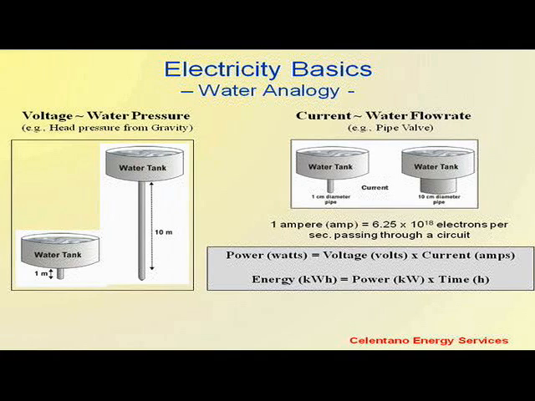That's why they're high, to take advantage of the pressure. So this is analogous to voltage. Current, which is measured in amps, this is the water flow. And so you're going to get more water flowing if you have a wider diameter pipe than if you have a smaller diameter pipe. And as I said, power is voltage times current. Energy is power times time.